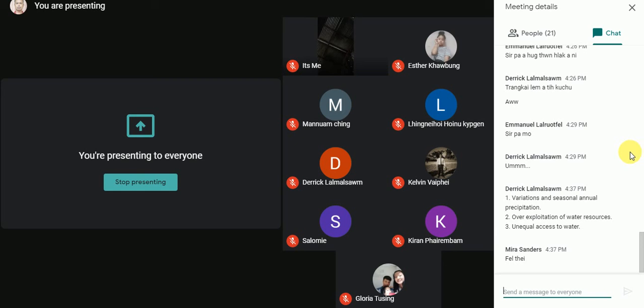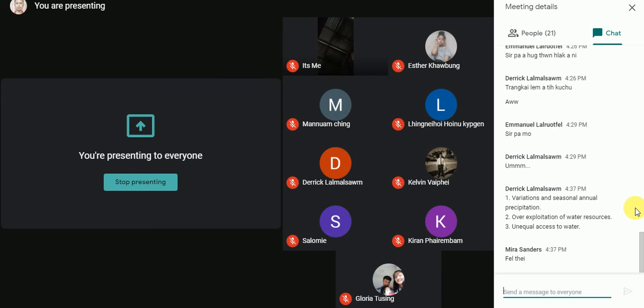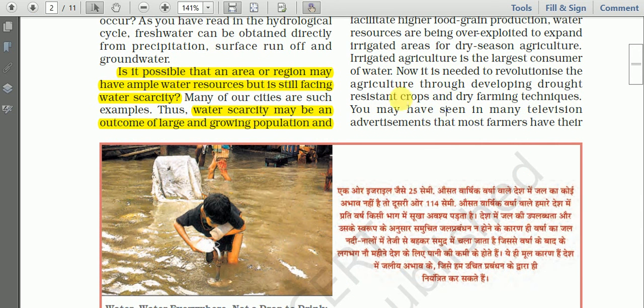Okay, Lalmal Som, you have put forth very good points. Variations in seasonal and annual precipitation, overexploitation of water resources, unequal access to water. Very good. Let us again explain this point: overexploited to expand irrigated areas.